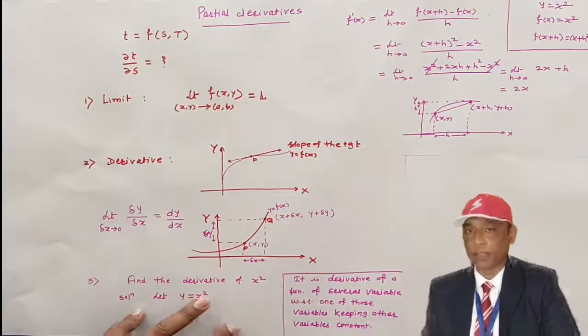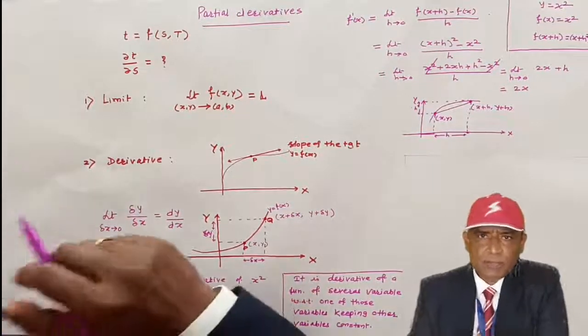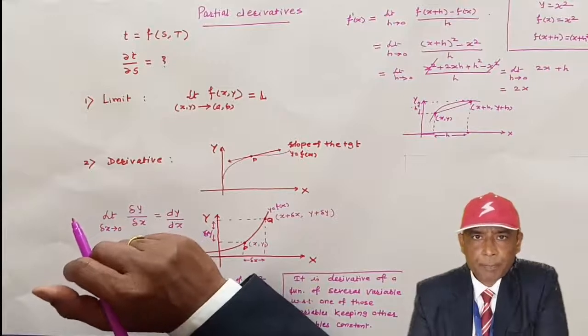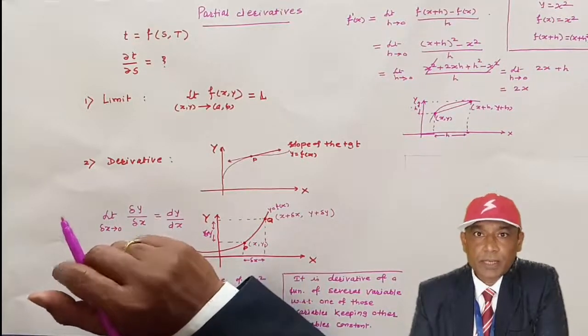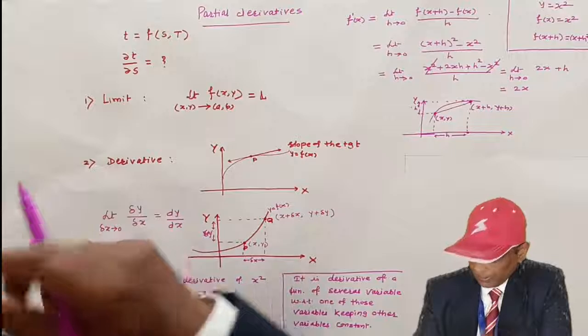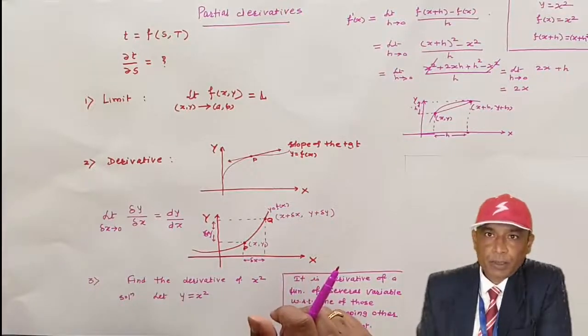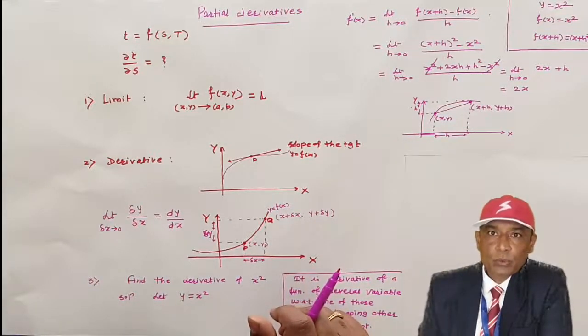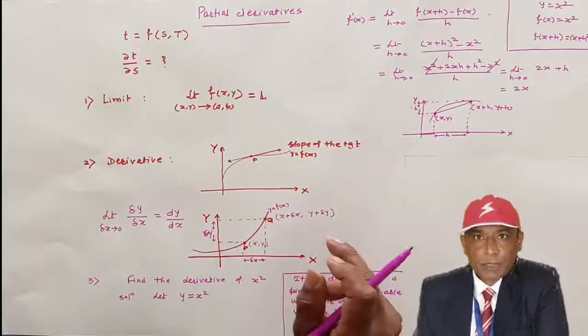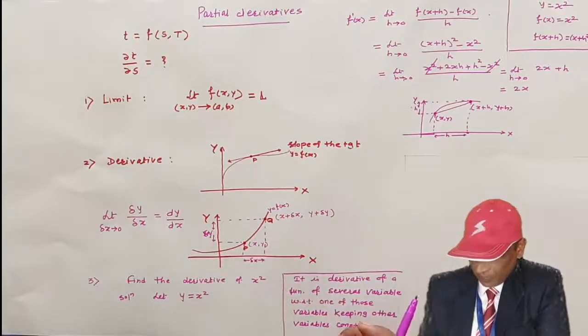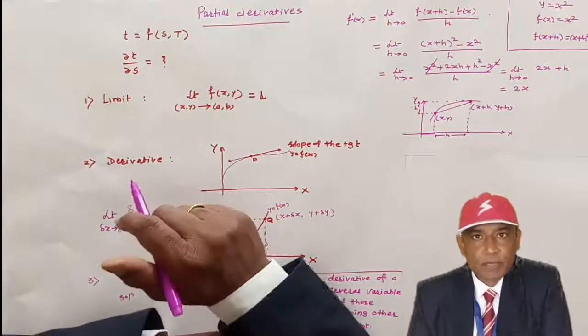This is partial derivative. Partial derivative is nothing but the derivative, but it is the derivative of a function of several variables with respect to one of those variables keeping other variables constant. So we started partial derivatives.